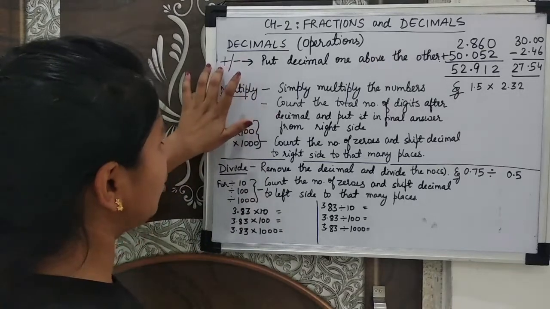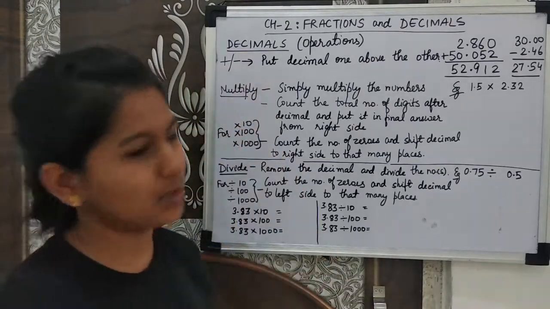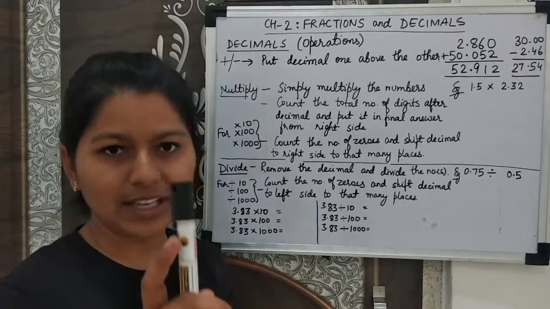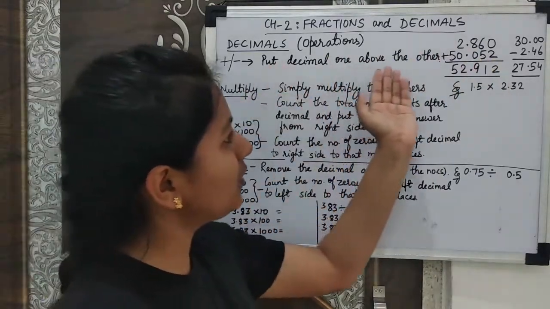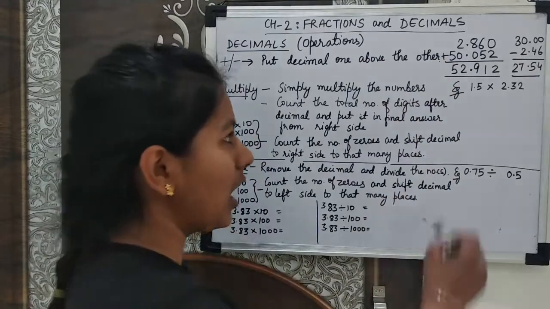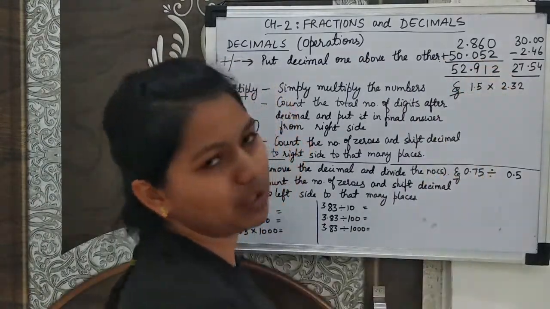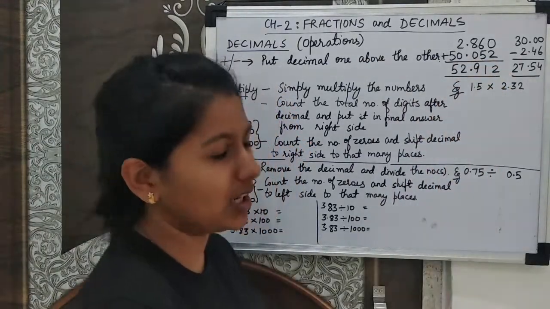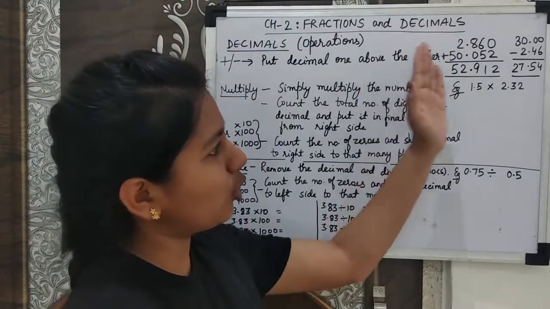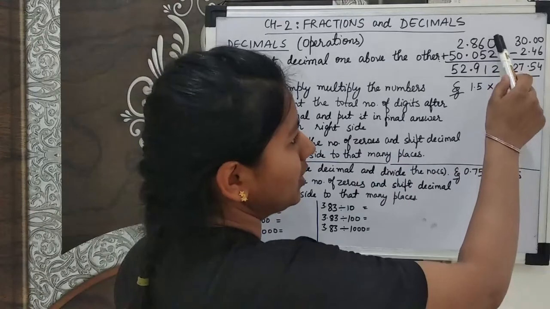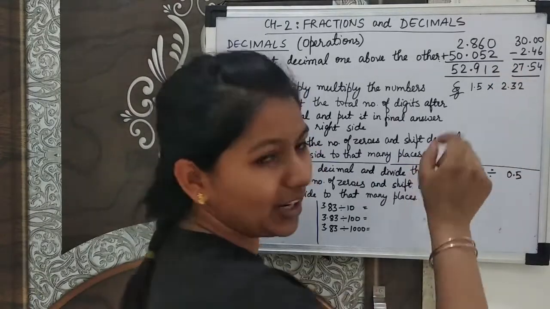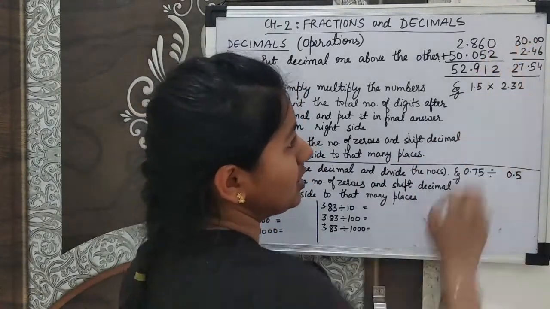Whenever we have to add or subtract any decimal numbers, we have only a single rule. For addition and subtraction it's the same. Put decimal one above the other. हमें एक के नीचे एक ही decimal, मतलब decimal के नीचे ही decimal लाना चाहिए. Then you can arrange the whole parts and fractional parts accordingly. Wherever you find vacant spaces, you can fill them with 0.